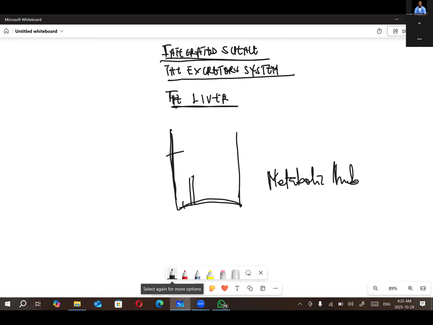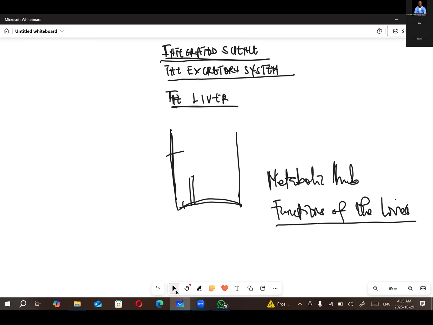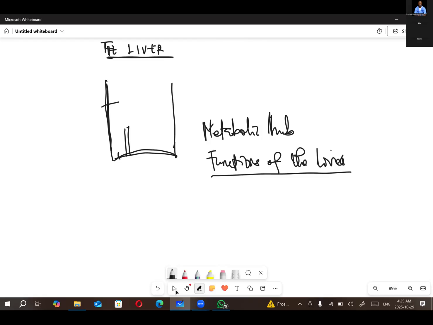So let's write the functions of the liver. Number one, it converts excess glucose into glycogen for storage.